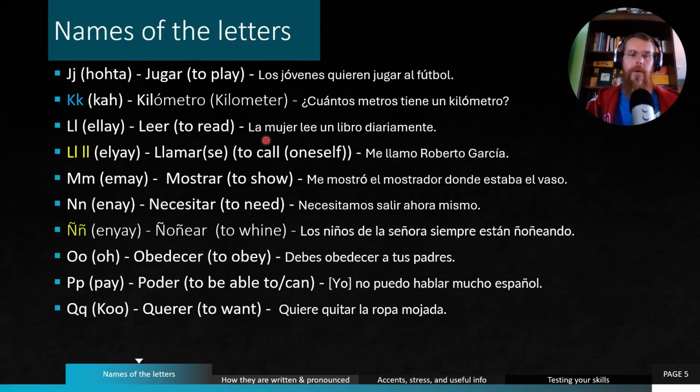If you go to Puerto Rico, you might hear la mujer. And lee, she reads, the woman reads. Un libro, a book. Diariamente, daily. So la mujer lee un libro diariamente.